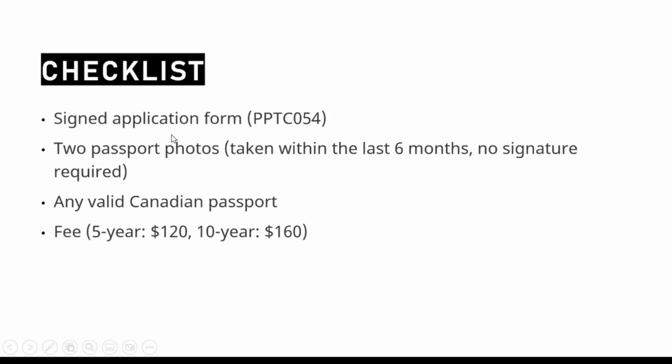First, the signed application form PPTC 054. Second, 2 passport photos taken within the last 6 months, no signature required. Third, any valid Canadian passport issued to you. The fourth, the fee: a 5-year fee and a 10-year fee. We normally recommend you choose a 10-year validity of the Canadian passport.